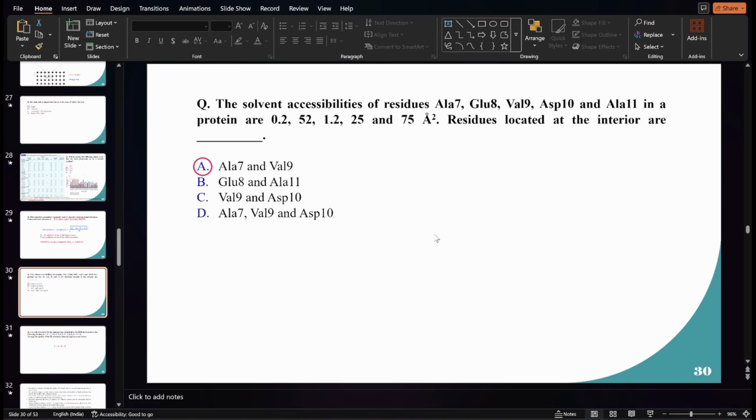For example, in the case of kinases, there is a particular region called the activation loop, and the activation loop is basically the part where your substrate is binding. If it is oriented inwards, meaning having much lesser solvent exposure or much lesser solvent accessible surface area, it is blocking the substrate binding pocket.